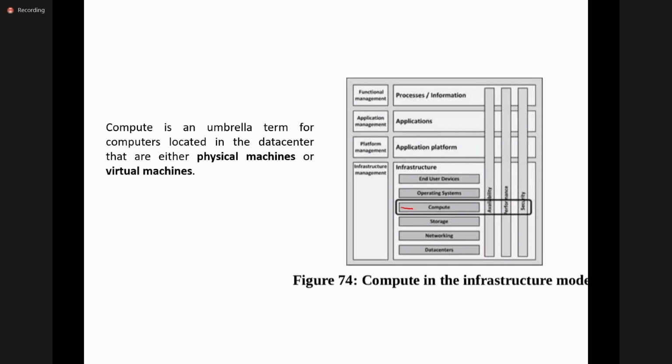The processors, the size of the server, if we are talking about the x86 servers or the mainframe or whatever, and what the purpose of each of them is.